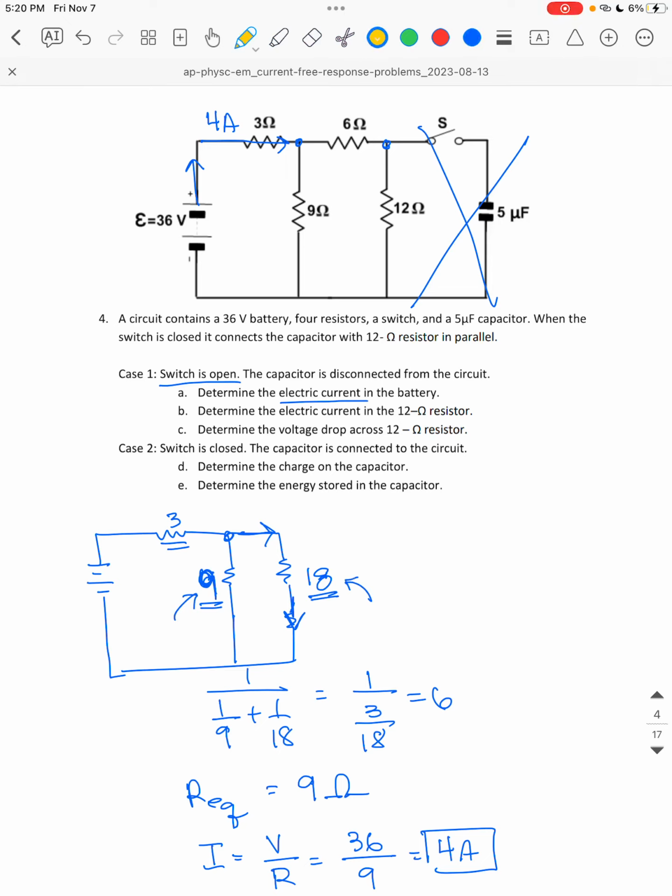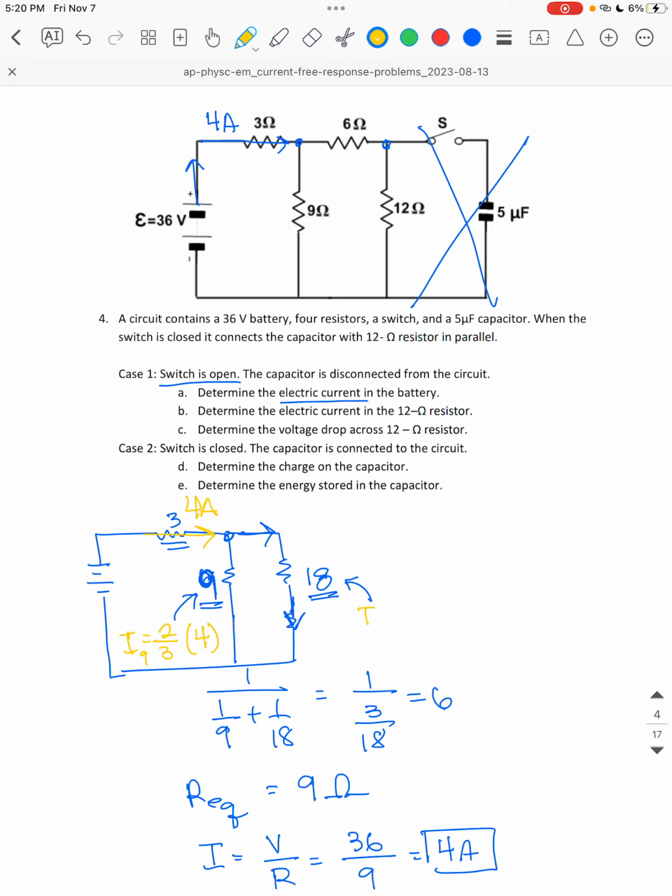So I know that the current coming into the junction is 4 amps. I know that 18 is going to be double 9, so if I divide by 3 and take 2/3 of the total, which is 4, that would give me the current through 9.